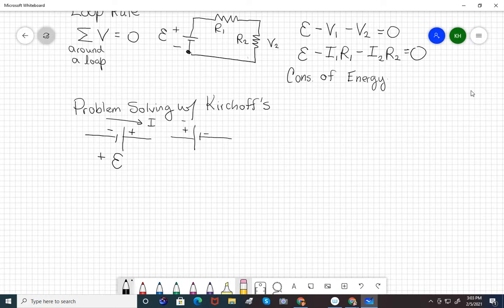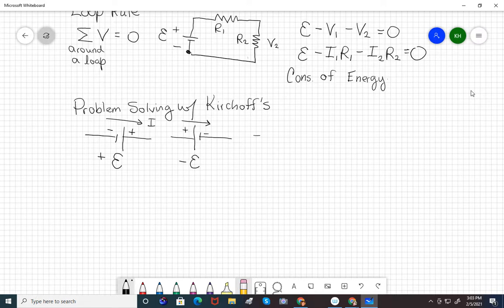If we force current so that it actually goes opposite what we expect in a battery, where instead of going from low to high, which is what a battery normally does, it goes from high to low, we're going to actually have a voltage drop as we go through the battery. This one happens most of the time, but this one can happen in a complicated circuit.